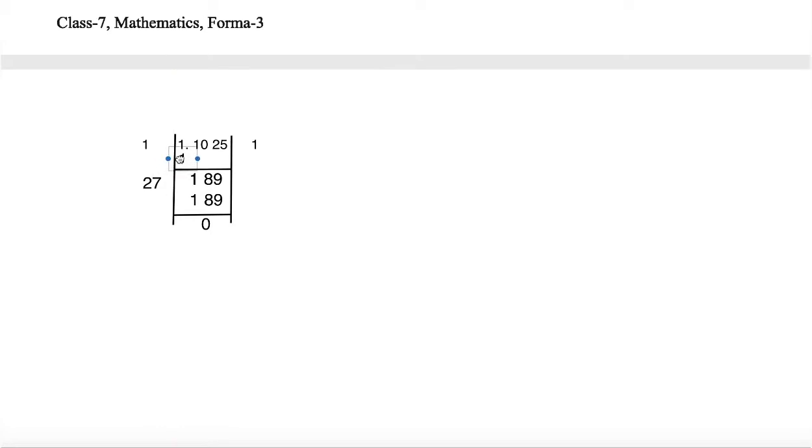Keep 1 here. 1 minus 1 is 0. 1 plus 1 is 2. There's 2 here. The 10 has to come down.